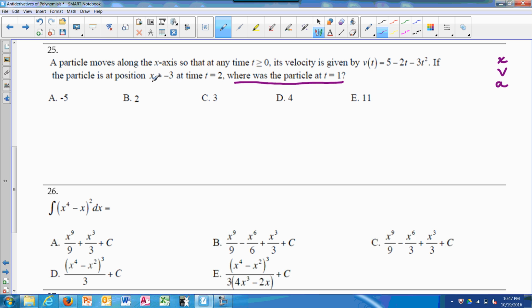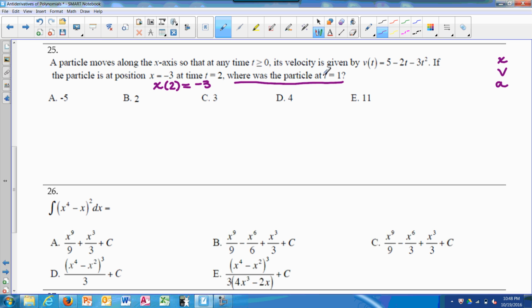Surprisingly, the hardest thing for people to do is not use x as the input. This is really the output. It's telling me x at time 2 is equal to negative 3. Time is my input. So the input is 2, not negative 3.